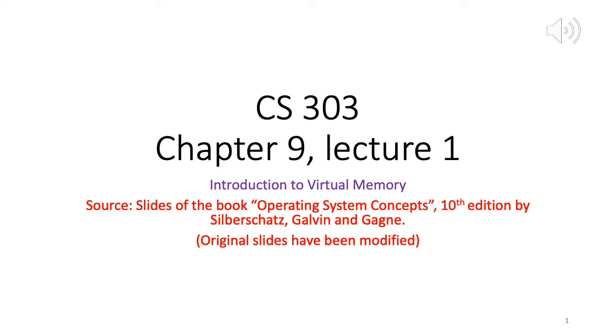Which means rather than bringing the whole process, we bring a part of the process and then execute that. One major advantage of this scheme is that programs can be larger than physical memory. Generally, if we add the memory requirements of all the programs we have on our desktop or laptop or even mobile phone, we'll see that the sum of memory footprints of all those programs is much greater than the amount of RAM we have, right?